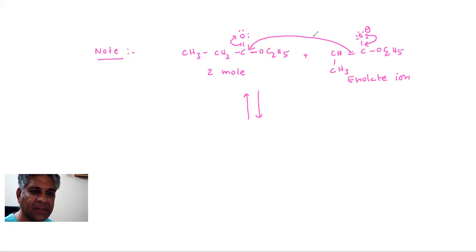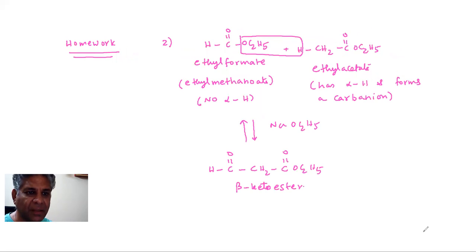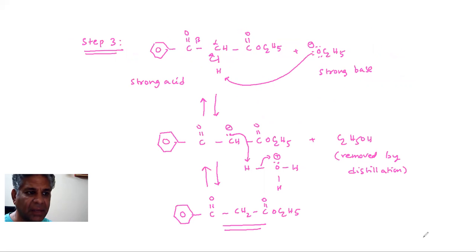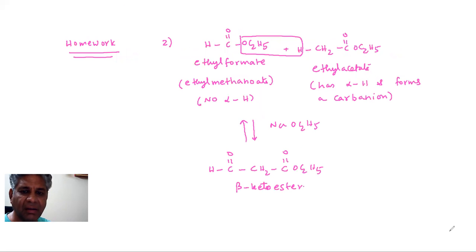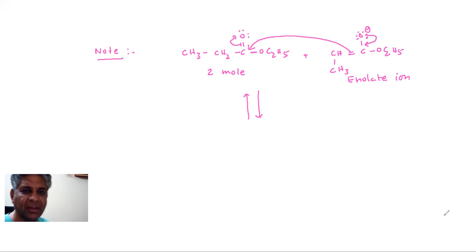The difference is you have to write two arrows here. Once you write the mechanism with enolate anion, you have to write two curly arrows. But once you write the mechanism with only the carbanion, you have to write only one curly arrow here. But once you are writing with the enolate anion, you have to write two arrows. That's only the difference. And remaining steps are all same.